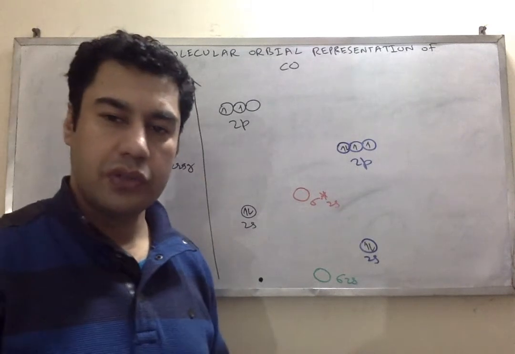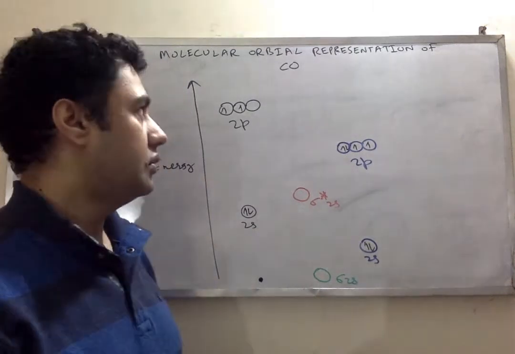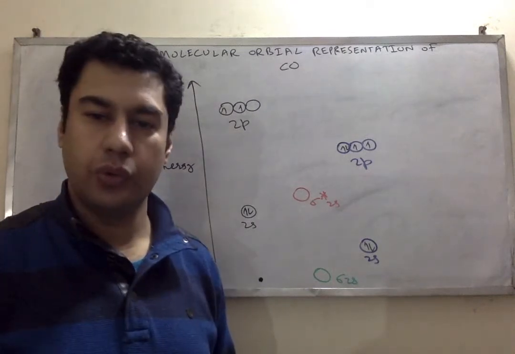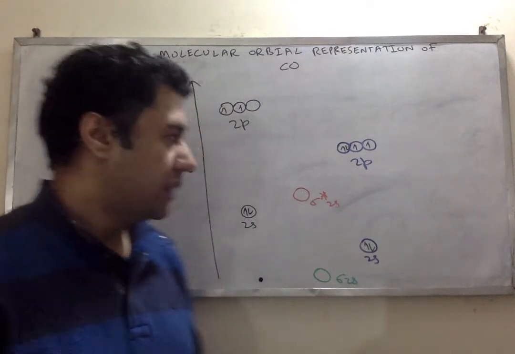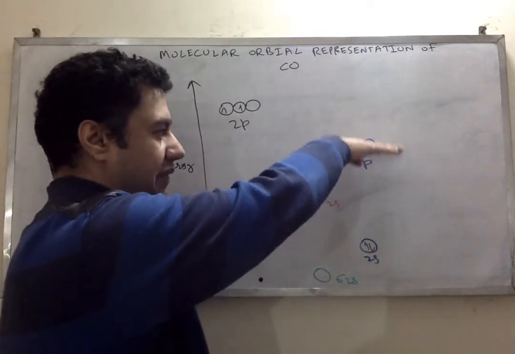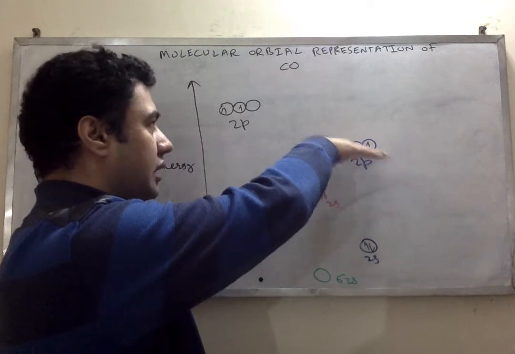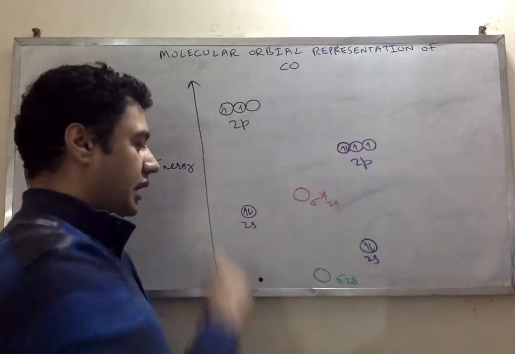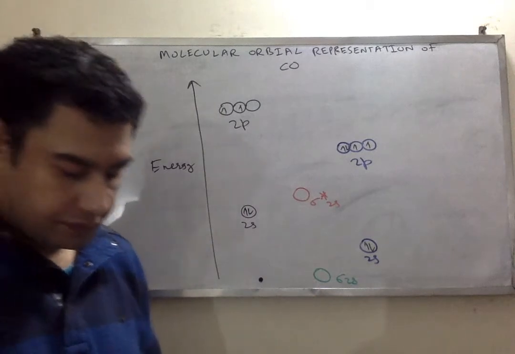This was usually not the case with homoatomic molecules such as N2, O2, F2, etc. But in this particular case, it becomes possible because this 2p has significantly lower energy compared to carbon's 2p, and it has similar energy as these 2s orbitals.